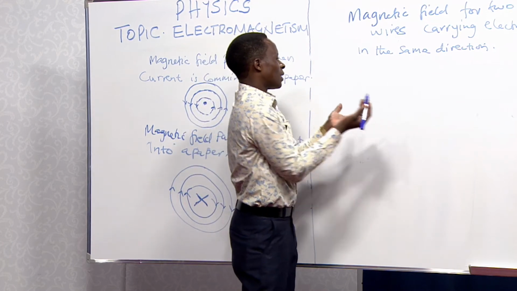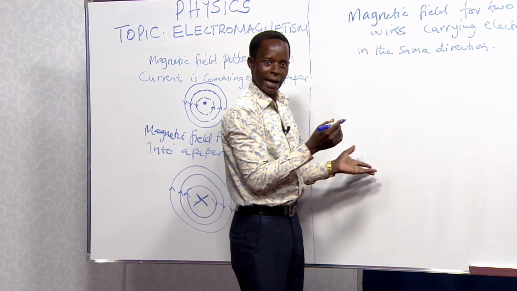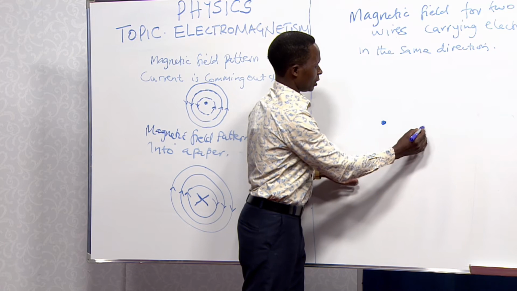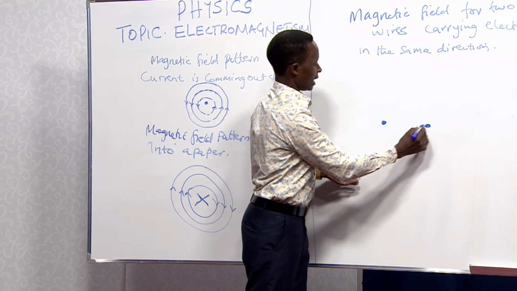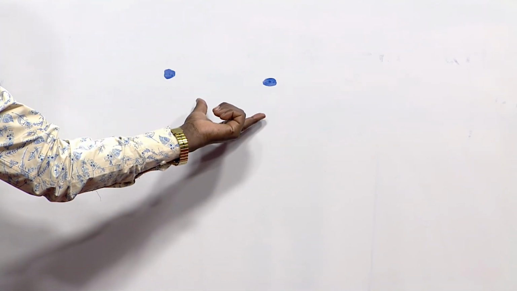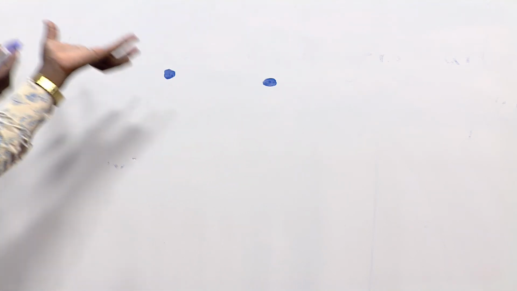So if it is out of the blackboard or out of the paper, each of those wires will be represented as a small dot, parallel. Those are the wires now. This is one wire, this is another wire. Having put a dot, it means that the current is coming out of the paper.